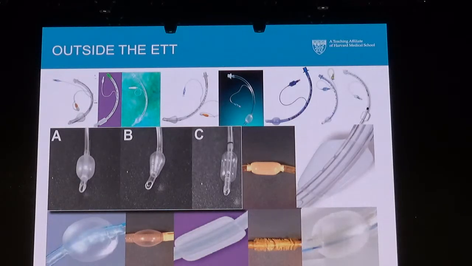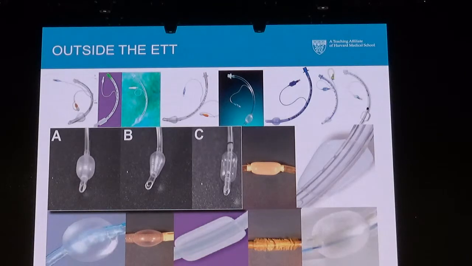And the reason is that we moved from high-pressure, low-volume cuffs that were used in the 1970s and before, to the high-volume, low-pressure cuffs that we use now. In order to produce them, you need to fabricate a cuff that is larger than the diameter of the trachea of the patients.